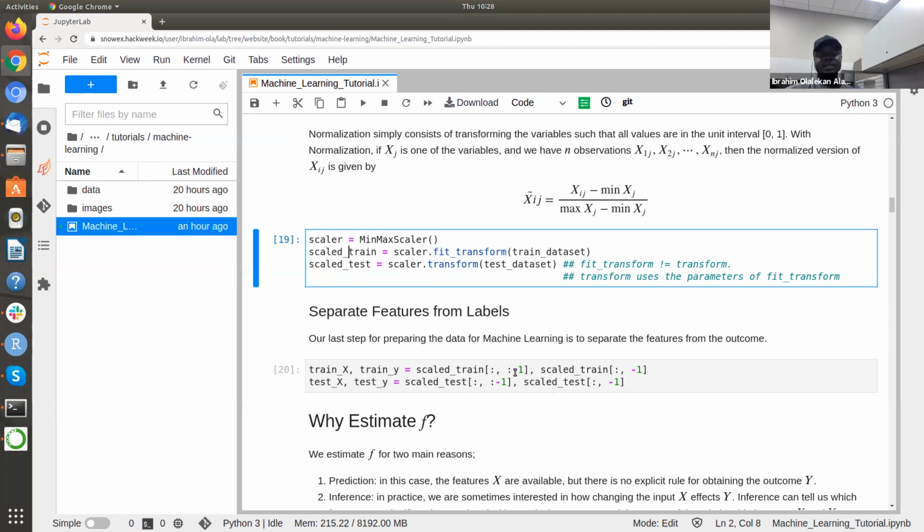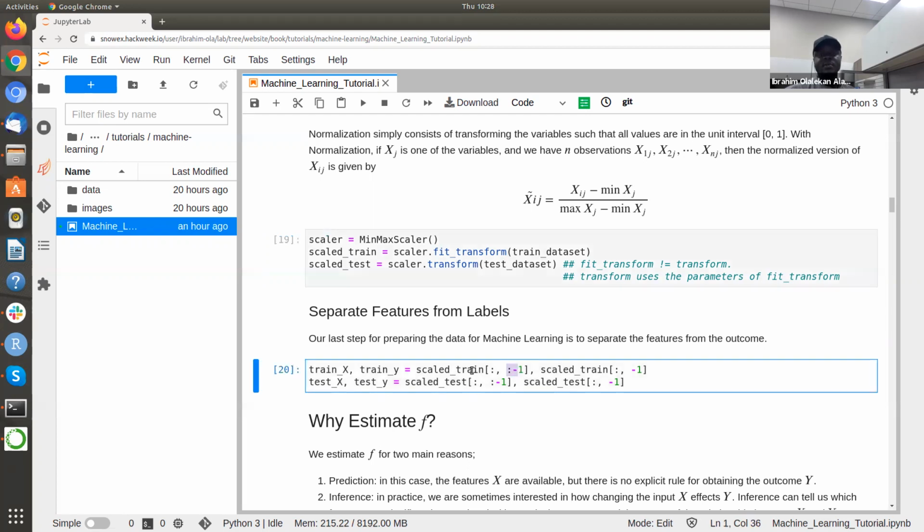And then this -1 implies that my training set, I have train X, train Y, which means this is my train X. Then what comes after the comma is my train Y. This -1 means I'm picking all the variables except the last one. And here, this means I'm just picking the last variable.